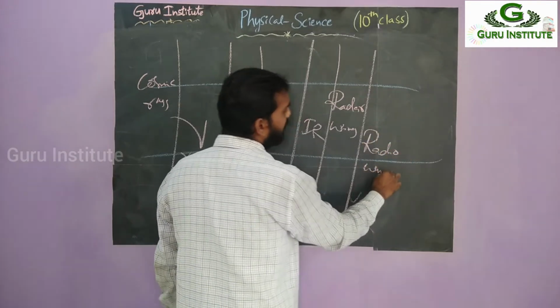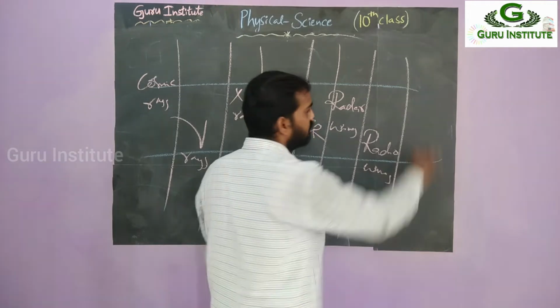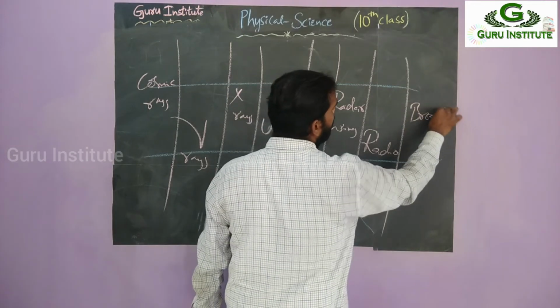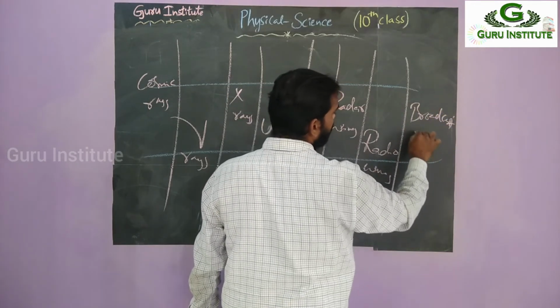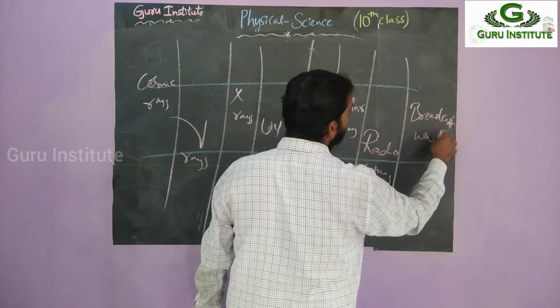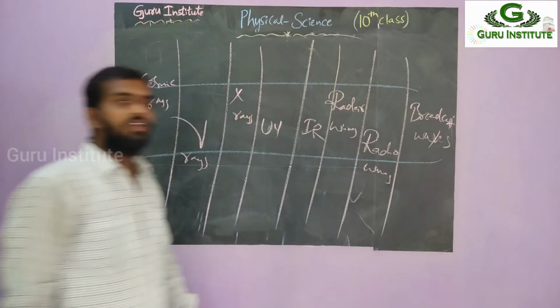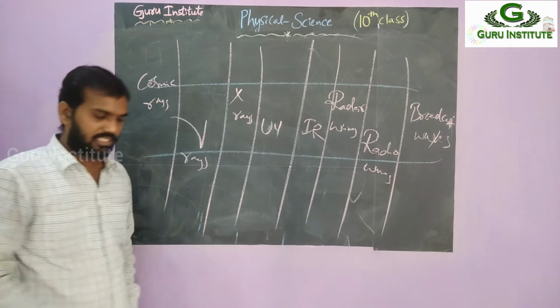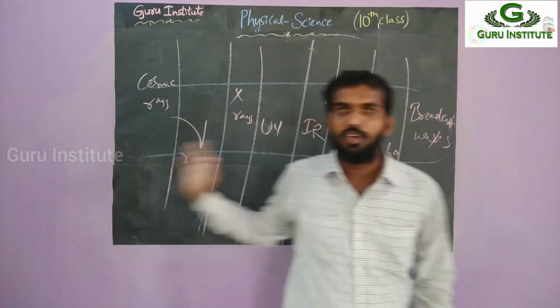And finally it contains the broadcasting waves, which we use for the distribution of telecommunication systems or any communication systems. So this is the total electromagnetic spectrum.